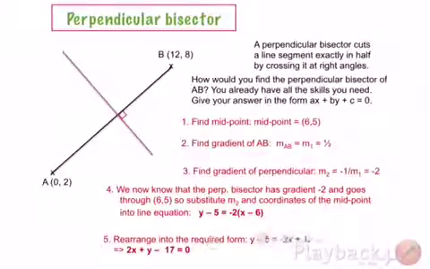When I multiply in my -2, I end up with y minus 5 is equal to -2x plus 12. Then I can rearrange that: my -2x comes over, it becomes positive, my y is already there, and my plus 12 comes over to become minus 12, leaving a total of minus 17. And it's now in the form ax plus by plus c.